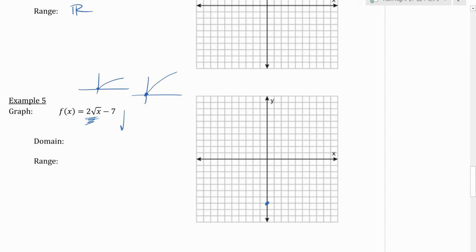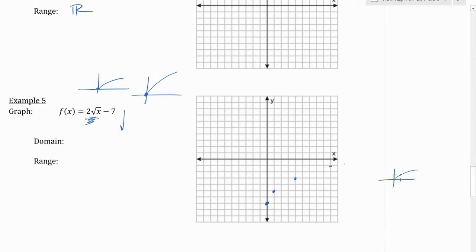And then we're going to stretch everything vertically by a factor of 2. So on the regular square root function, I went over 1, up 1. Now I'm going to go over 1, up 2. I'm going to take all those y values and double them. So if I go over 4, where I used to go up 2, now I'm going to go up 4. And when I was over 9, square root of 9 is 3. Double that, I'm going to go up 6. 1, 2, 3, 4, 5, 6.